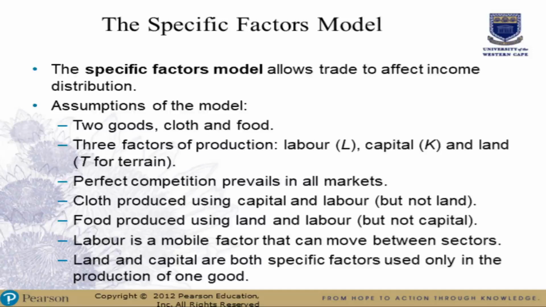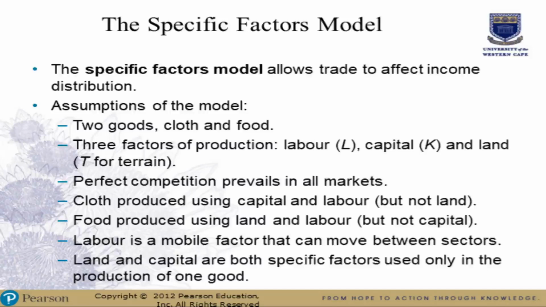Before we start discussing the specific factor model, let us start by outlining the assumptions of the model. We have two goods in our analysis, which are cloth and food. There are three factors of production, which are labor, capital, and land, and perfect competition prevails in all the markets.